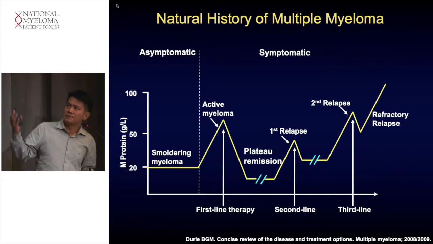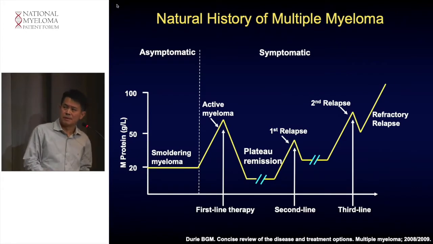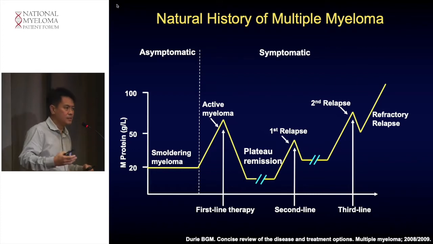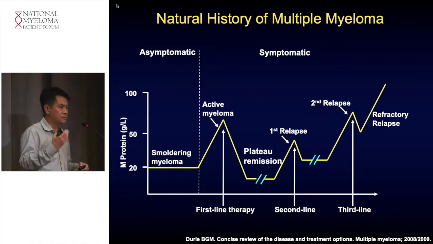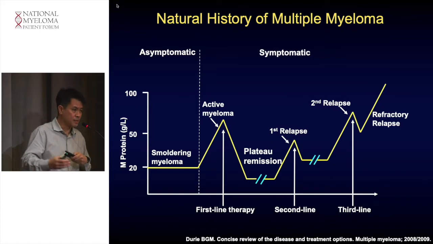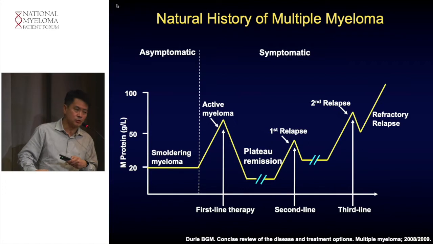Now, overall, if you look at the natural history of multiple myeloma, generally we say that myeloma is not curable. So with the first treatment, we bring patients to a plateau remission. Complete response represents the best plateau remission one can get. And unfortunately, most patients will relapse subsequently. We treat again, patients may relapse again, we treat again.